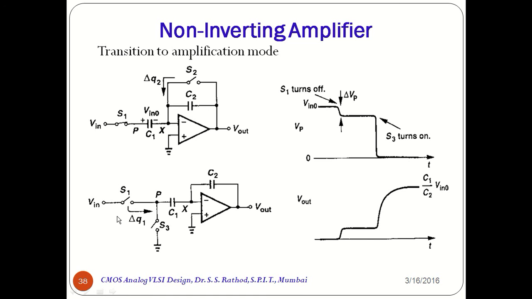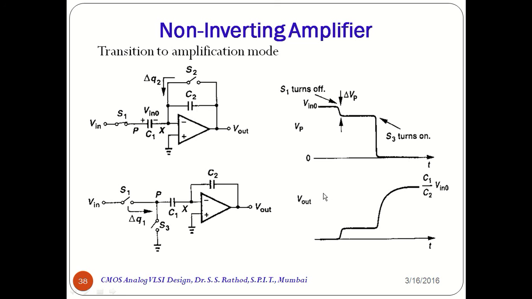As shown in this bottom figure, the charge injected by S1, that is delta Q1, changes the voltage at node P approximately by delta Vp, which is equal to delta Q1 by C1, and hence the output voltage by minus delta Q1 by C2. However, after S3 turns on, Vp drops to 0. Thus, the overall change in Vp is equal to 0 minus Vin0, which is equal to minus Vin0.